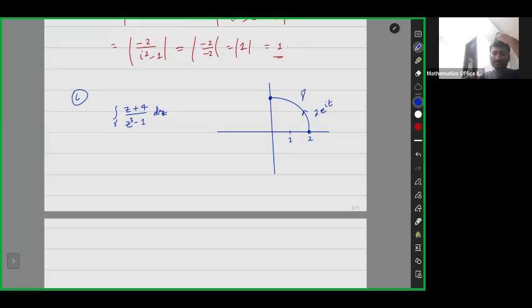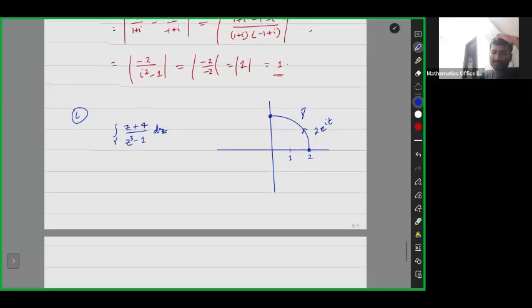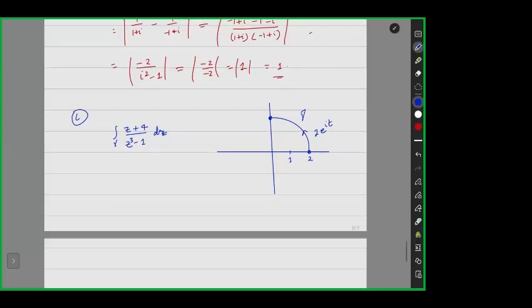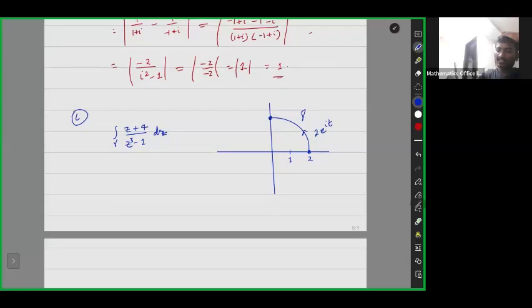How to do this? The function has a problem on this circle, somewhere here and somewhere here.